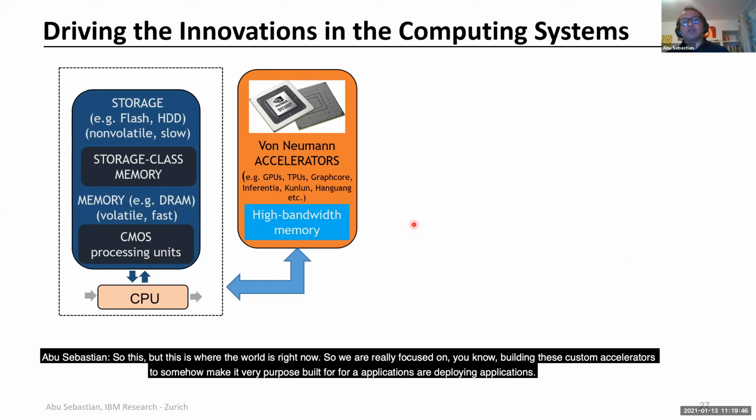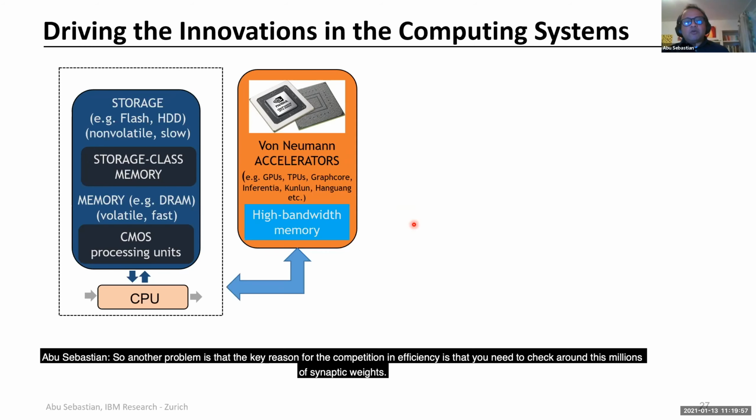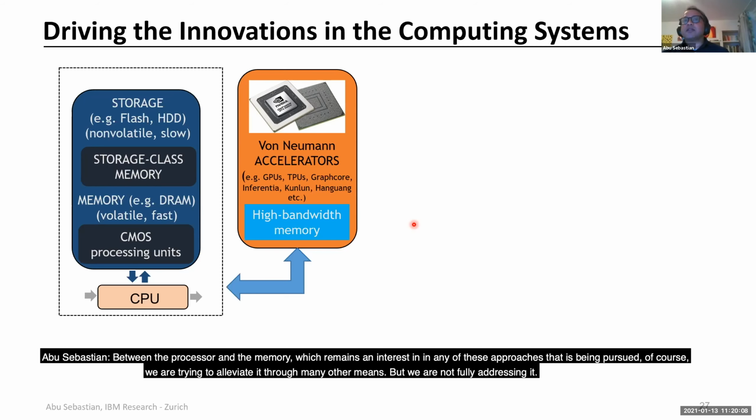We are really focused on building these custom accelerators to make them purpose built for AI applications or deep learning applications. Another problem is that the key reason for the computational inefficiency is that you need to shuttle around millions of synaptic weights between the processor and the memory, which remains unaddressed in any of these approaches. Of course, we are trying to alleviate it through many other means, but we are not fully addressing it.